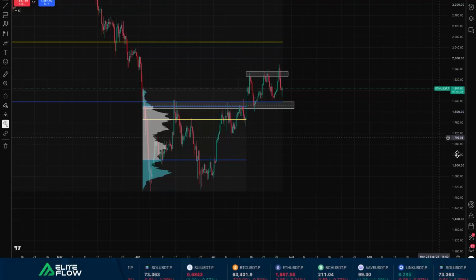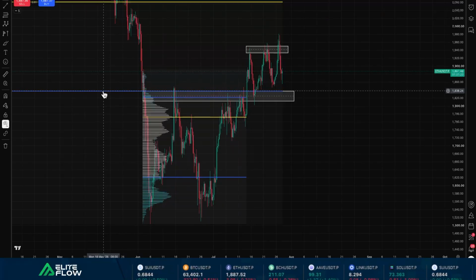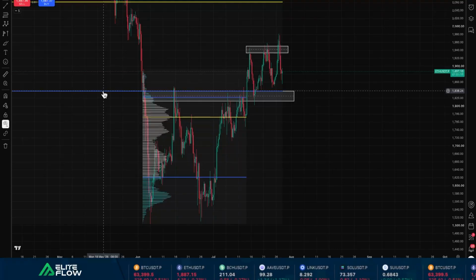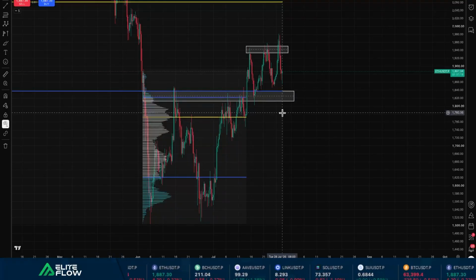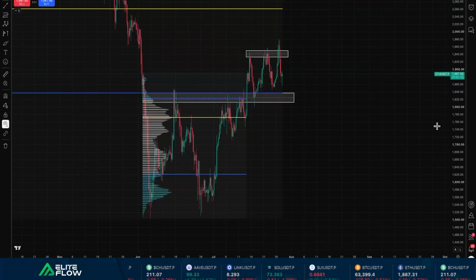Therefore, if we lose the price level of 1,838 and we start closing candles outside it, well, in this case below it, that would not be good news for Ethereum. Why?